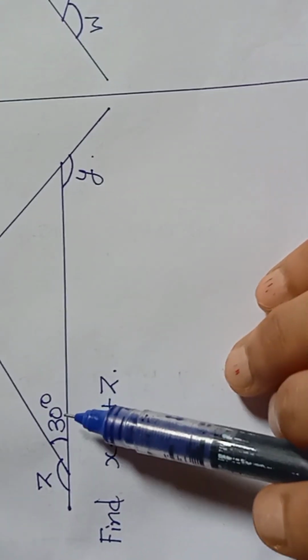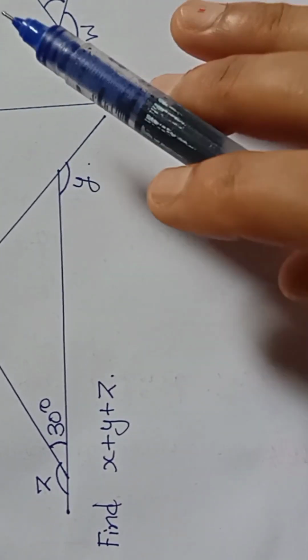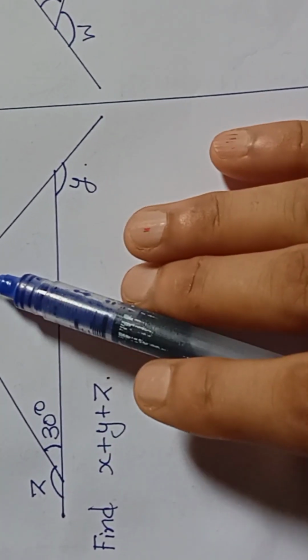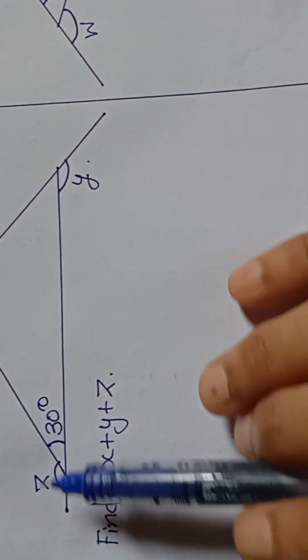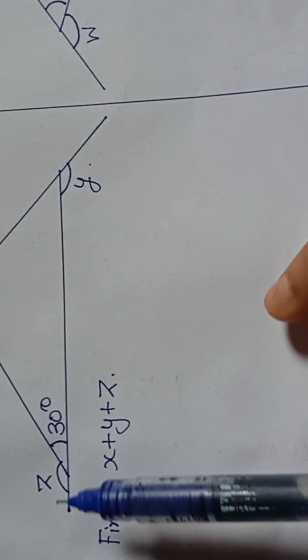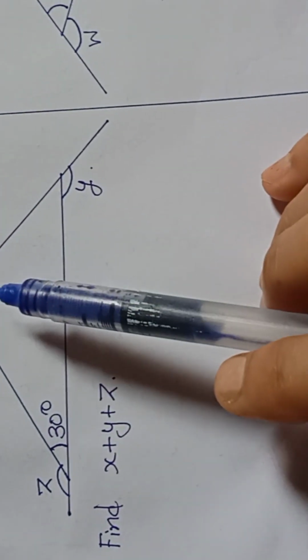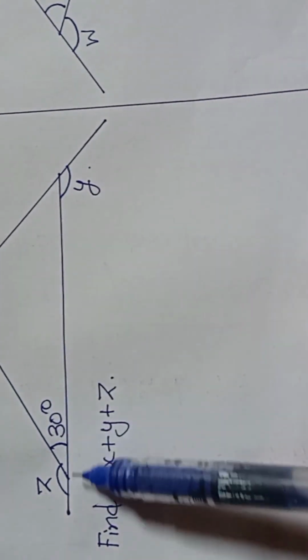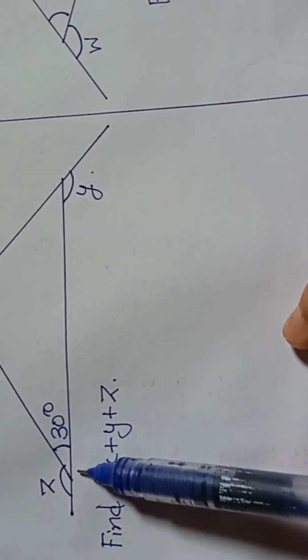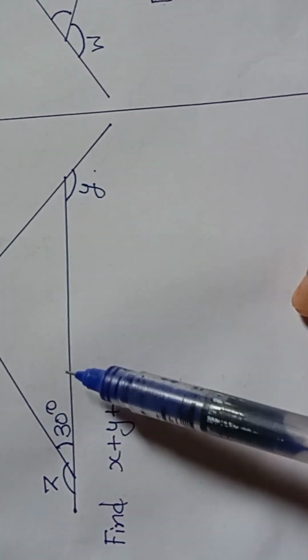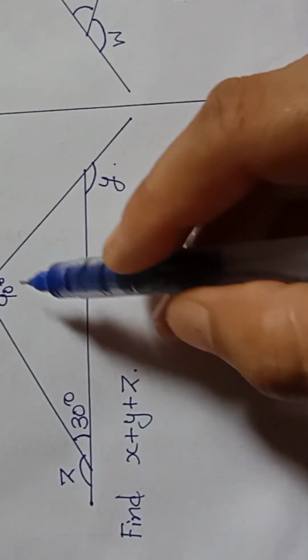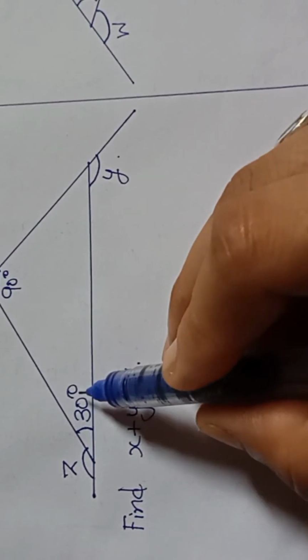Now how can we do this question? All these are from 8th class. So how can we find the value of x, y, and z? So this is a triangle, as you see, x, y, z, all these vertices make a triangle. So we know this is 90 degree, this is 30 degree.